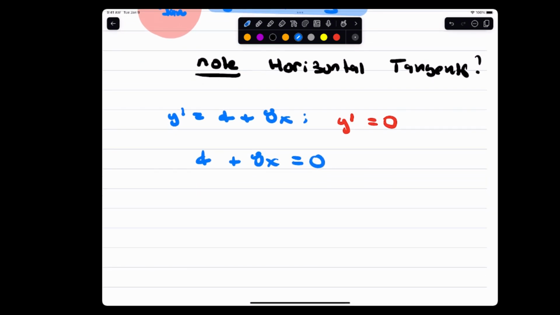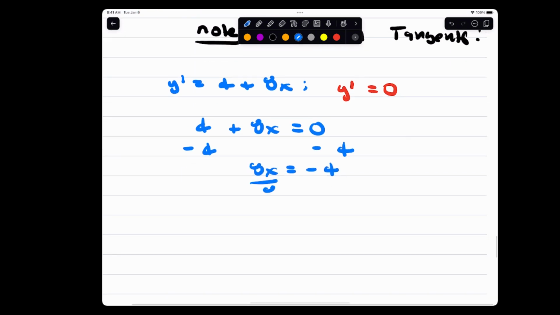So now you have to solve for x because we need the location where it equals 0. So, all right, subtract 4. And it looks like we get what? 8x is, divide both sides by 8. What do you get for x? X is negative 1/2.